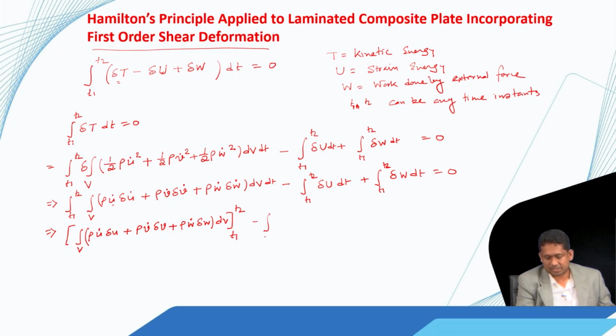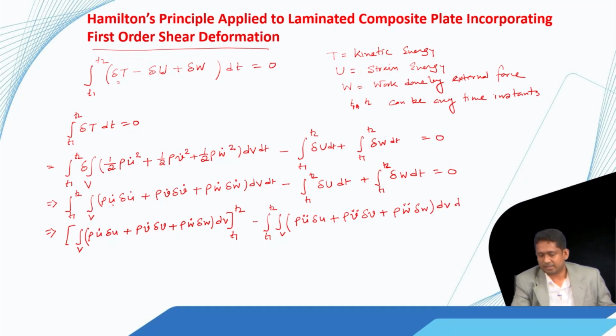And then, integral from t1 to t2, we have the volume integral of rho u double dot delta u plus rho v double dot delta v plus rho w double dot delta w, integrated over the volume and then integrated over time.